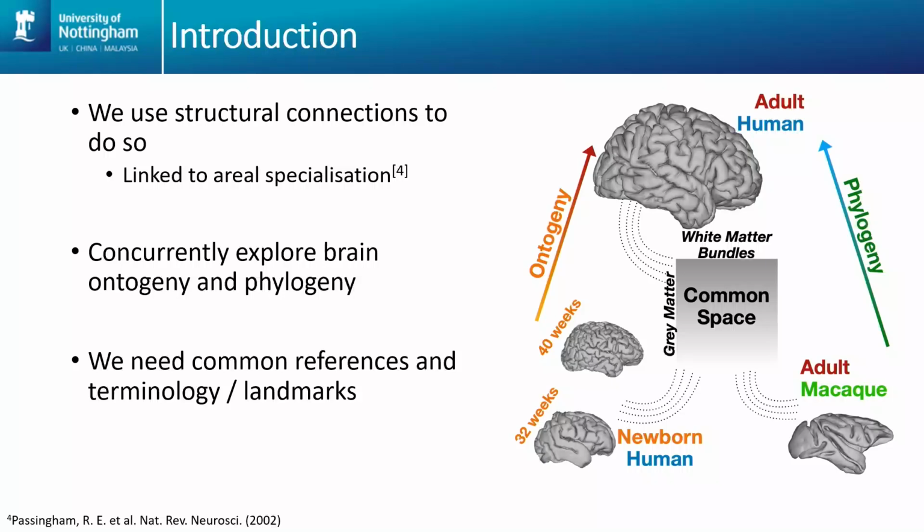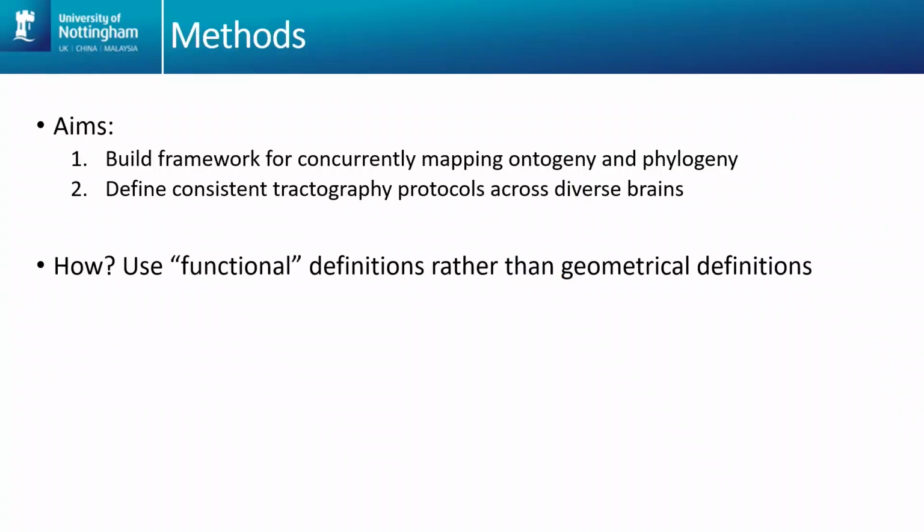But in order to use these structural connections to do this, we need some common terminology across diverse brains. In other words, we need some landmarks. So our aim is to build this common space for concurrently mapping brain ontogeny and phylogeny. And towards this, we look to define consistent tractography protocols to construct landmarks.